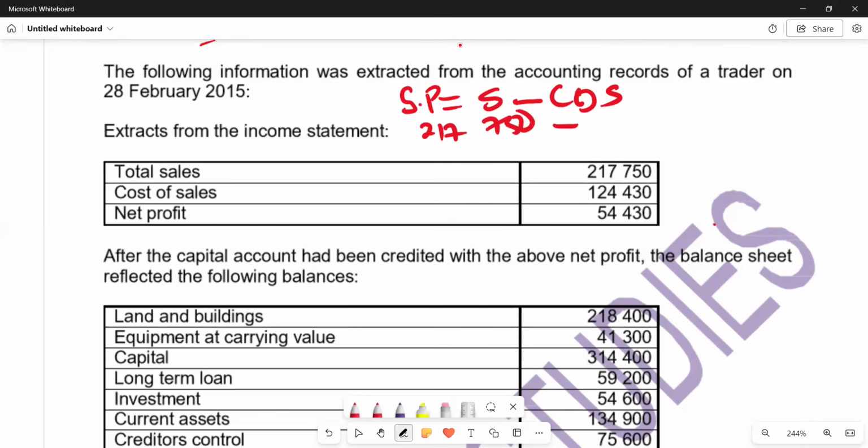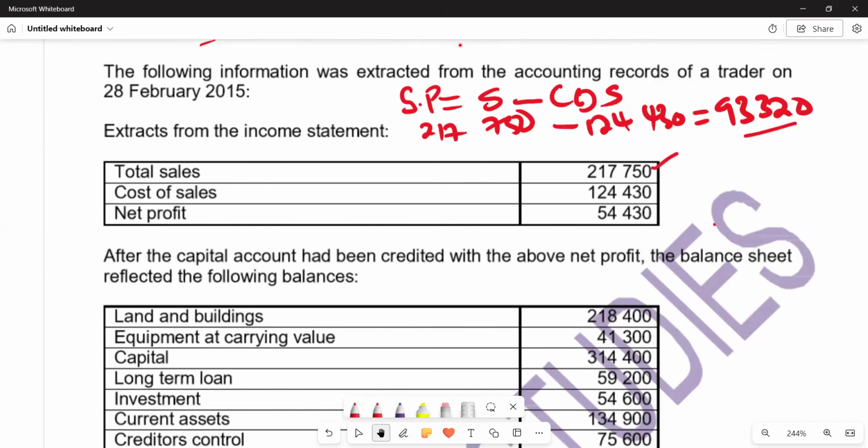We subtract our cost of sales, which is 124,430, and the answer that we get is 93,320 as our gross profit. This is going to be our numerator. Then for the denominator, we are going to use the figure for sales. This is our turnover. The total sales figure is the turnover figure, which is 217,750.